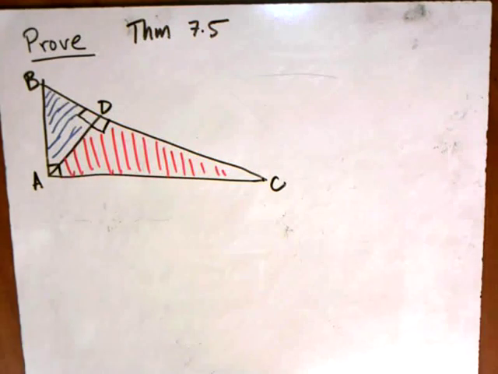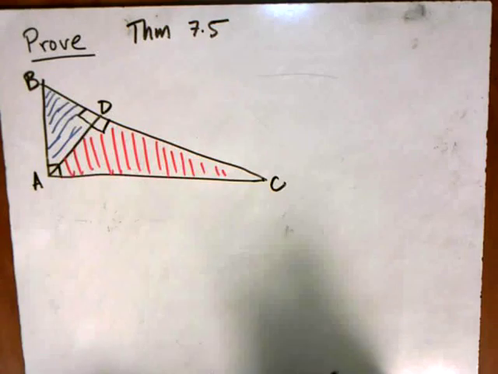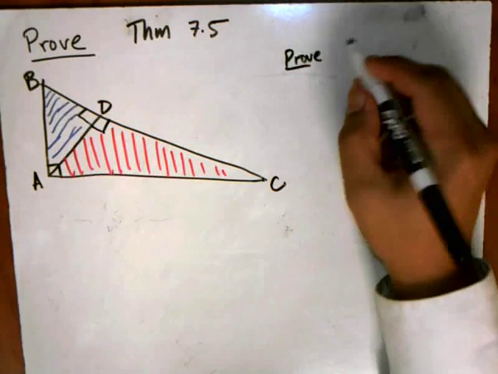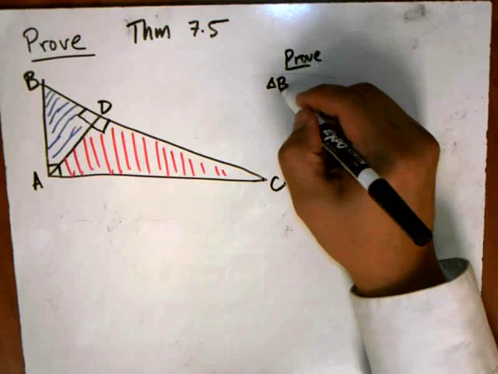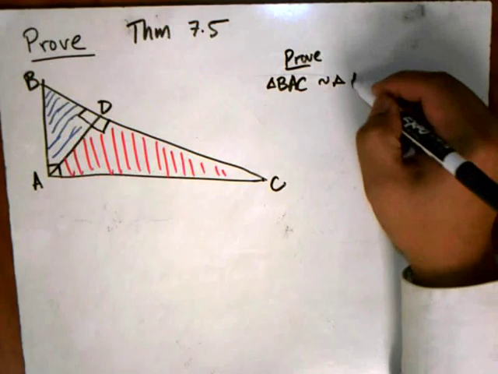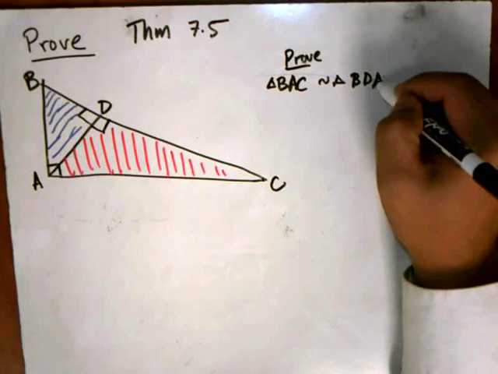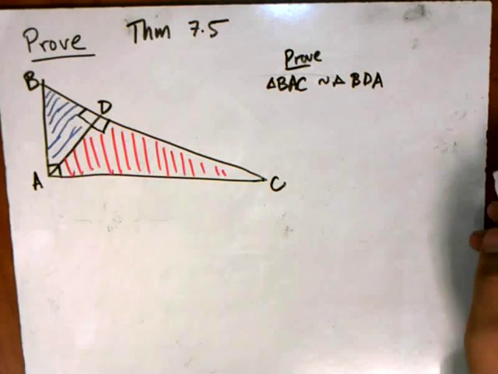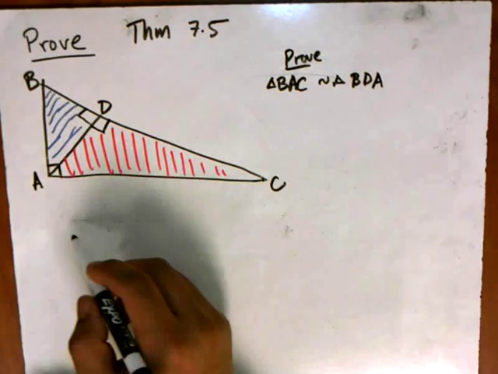So we're going to start our proof, and the first thing that we are going to prove is that triangle BAC is similar to triangle BDA, and we can do this proof basically in 3 steps. I'm going to write it down here.